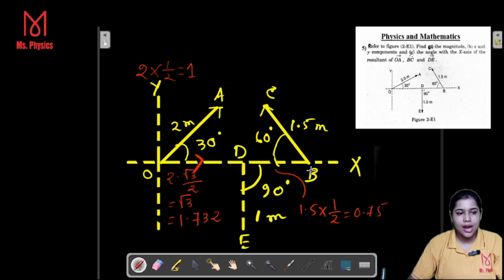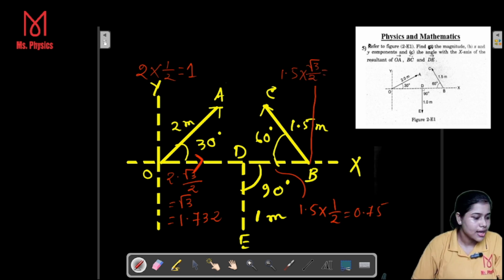Okay. And again along the y-axis what would be the component? BC sine 60 degree, right? So sine 60 degree means 1.5 into root 3 by 2. If you do the calculation, the value you will get is 1.3.